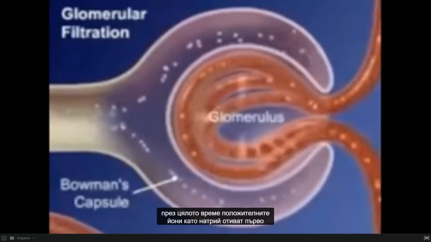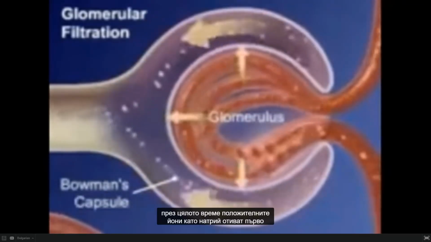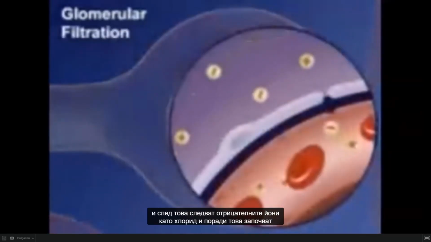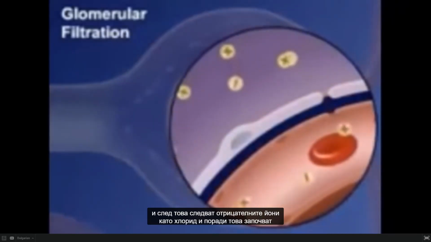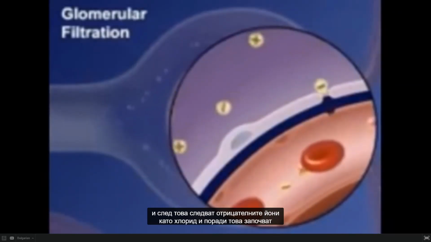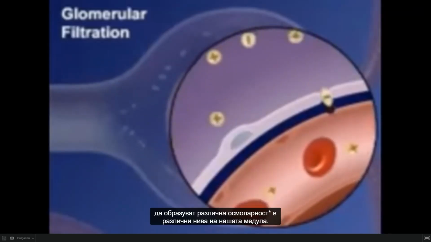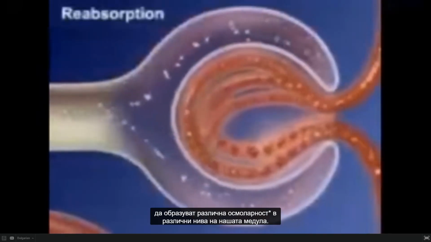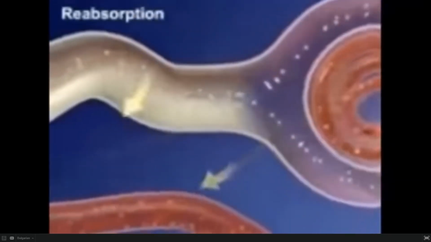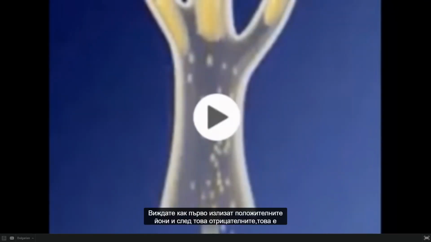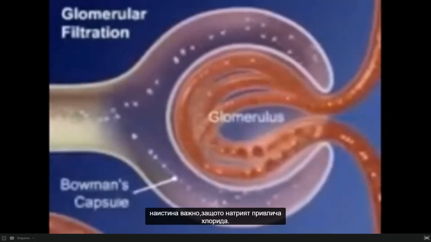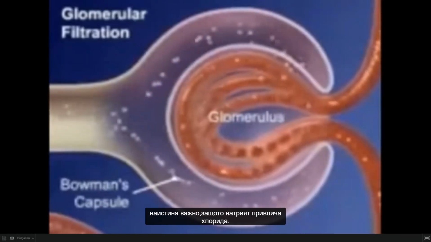All the time the positive ions go first, like sodium, followed by the negative ions like chloride, and because of that they start to form different osmolarity in different levels of our medulla. You see how the positive go out and then the negative. This is really important because sodium attracts the chloride.